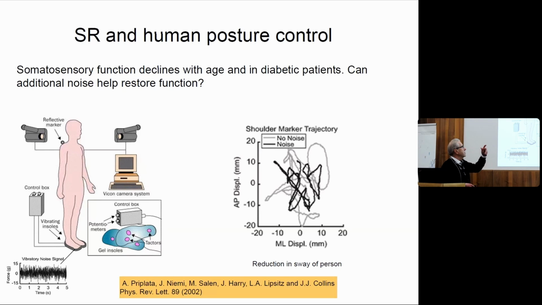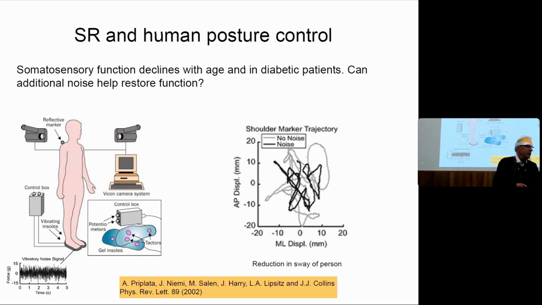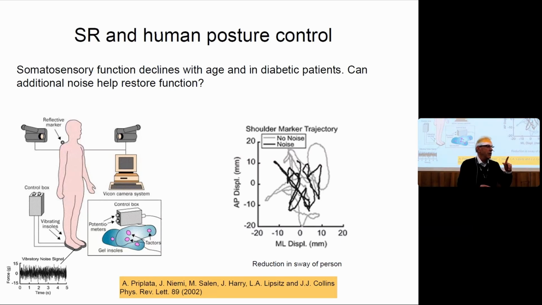And now they actually put people on a vibratory signal, which can be mechanical or even electrical, and they find a huge improvement in stability. I had a student in my team in Augsburg who had a heart disease. He had to take a strange drug, and after that drug, he could not stand for a long time on his feet.